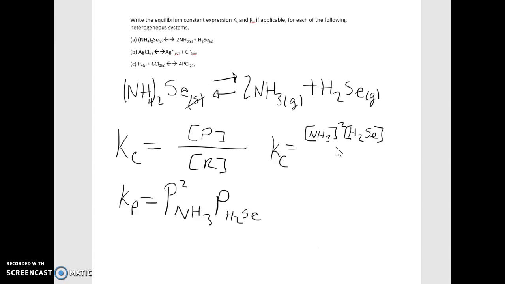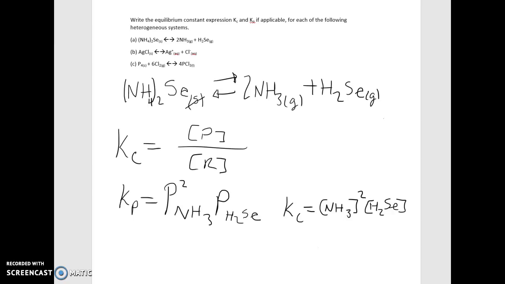And these are our two equations for ammonium selenide yields ammonia and hydrogen selenide.